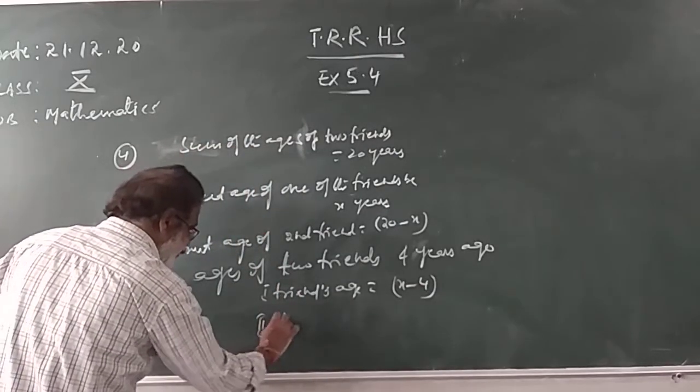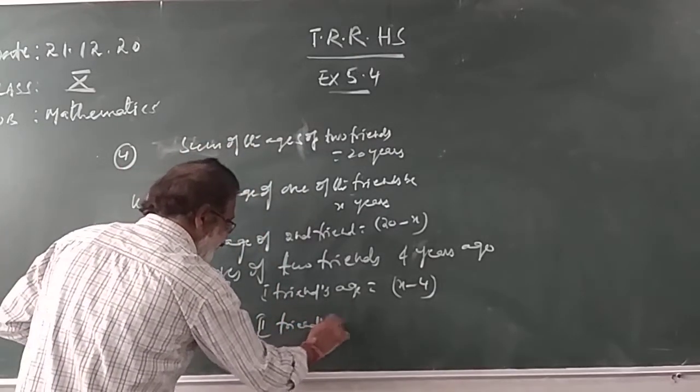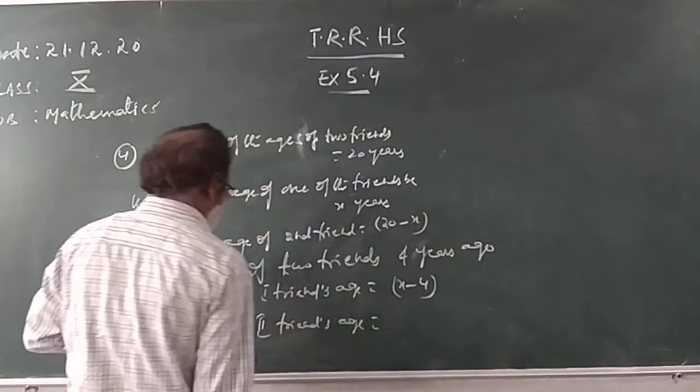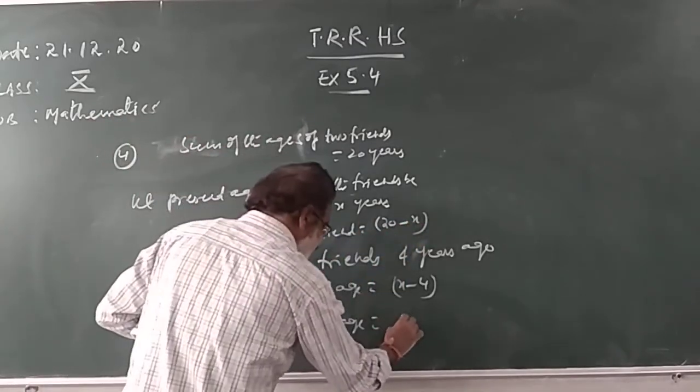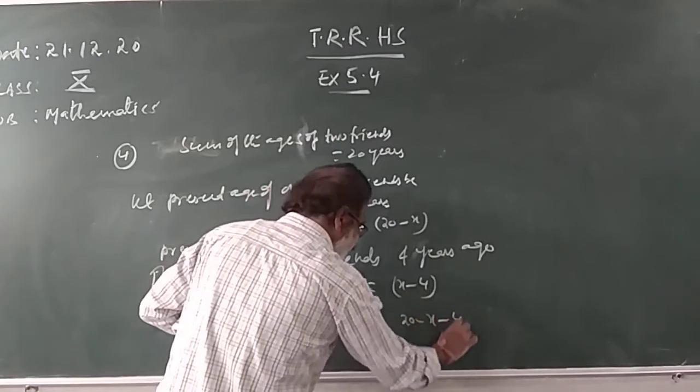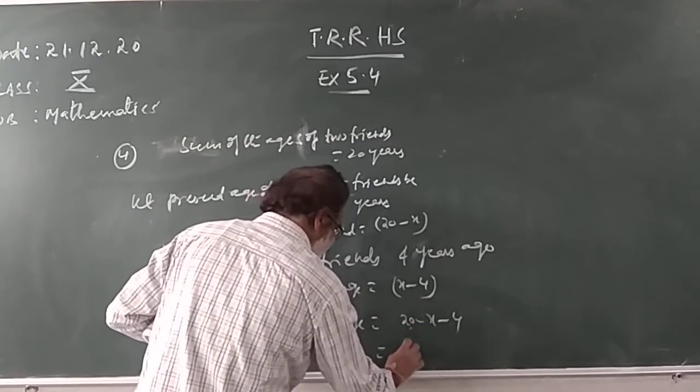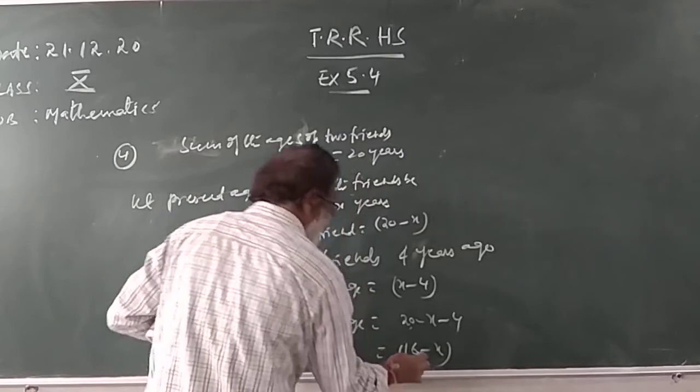Second friend's age 4 years ago: second friend how much? 20 minus x is present age. 4 years ago means 20 minus x minus 4. 20 minus 4 is 16, so 16 minus x.